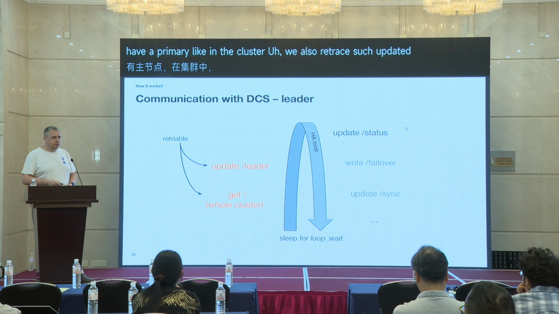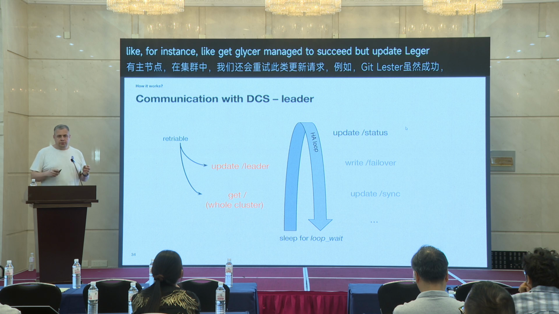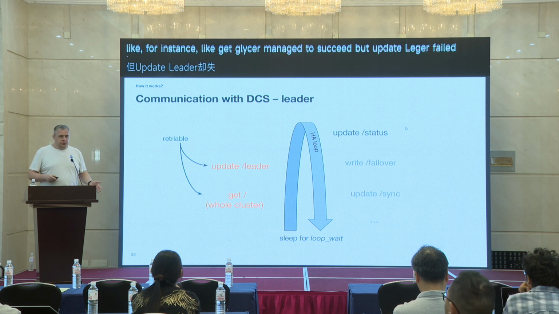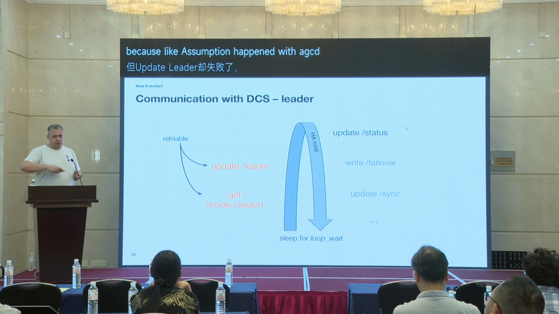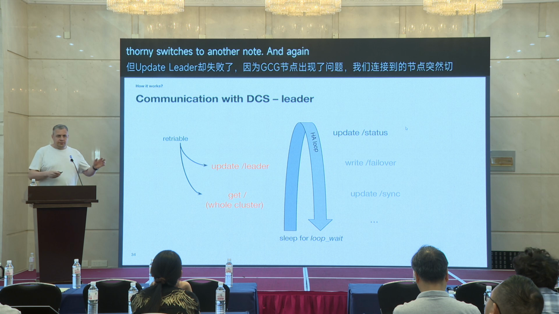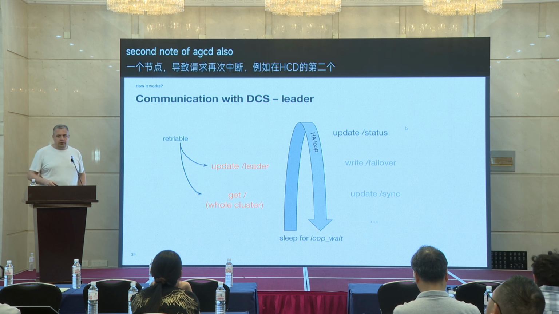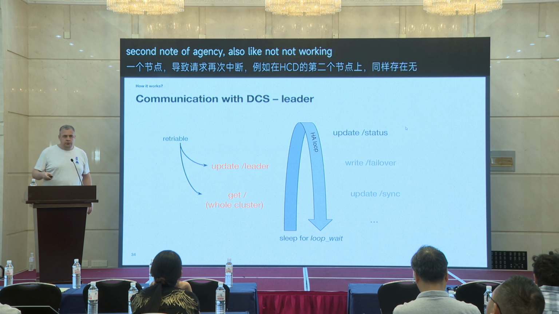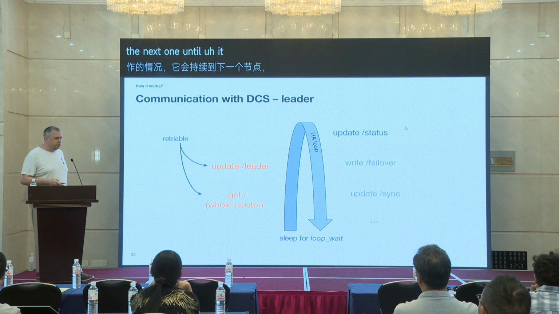For instance, get cluster managed to succeed, but update leader failed because something happened with the etcd node we connected to. Patroni switches to another node and again retries the request. If the second etcd node is also not working properly, it continues with the next one until the retry timeout is exhausted.